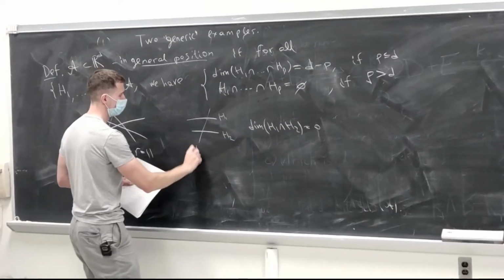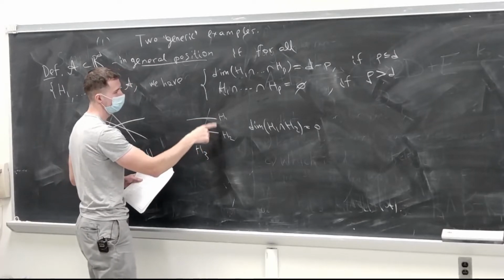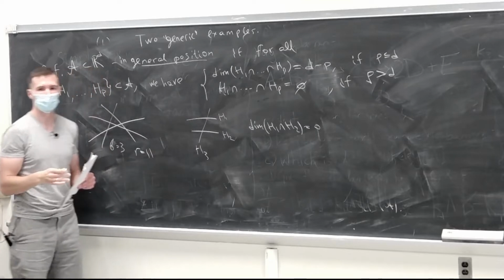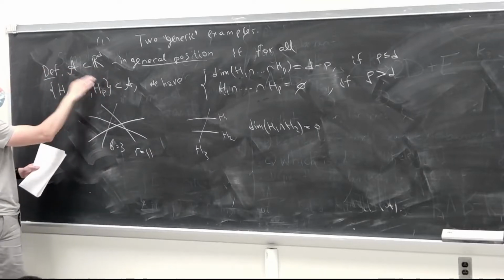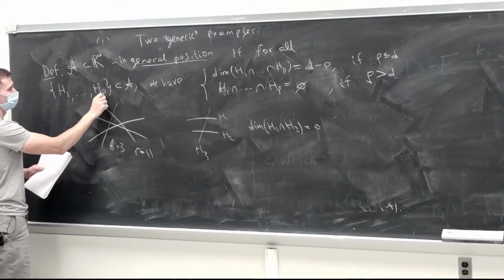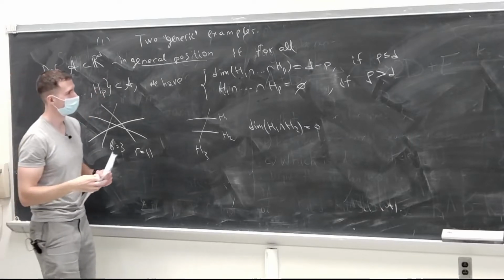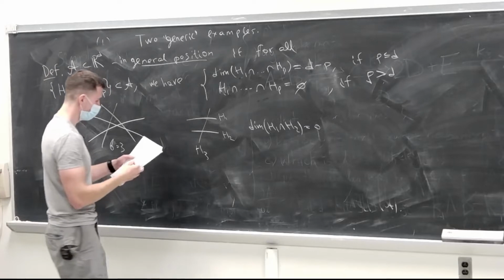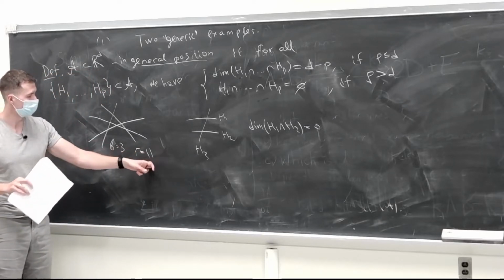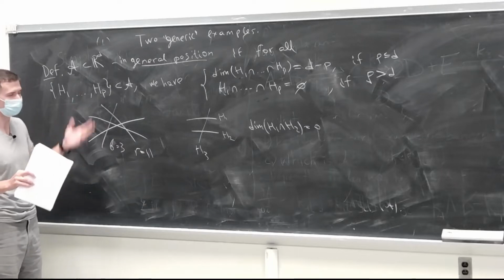Still, I can take any subset. I'm labeling them by 1 up to P, but these are just any P hyperplanes. So I want to find the number of bounded regions, the number of regions, and the characteristic polynomial.